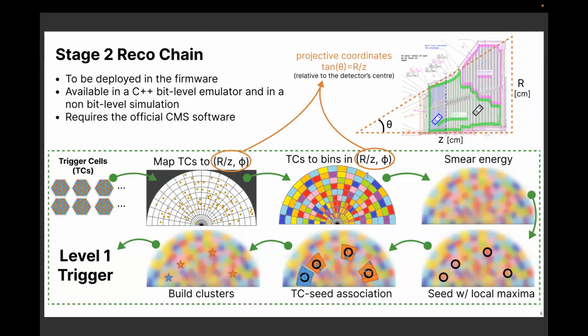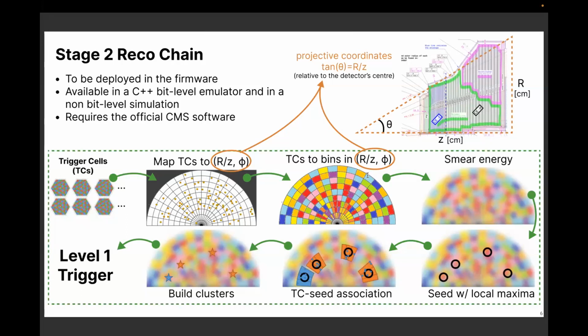Before, just to give a brief overview of what this chain does, because all these algorithms were re-implemented by us in Python. So it all starts with what we call trigger cells, which represent an aggregate of silicon sensors. So it's just a way of further reducing the information available to make it possible to process this huge amount of data.